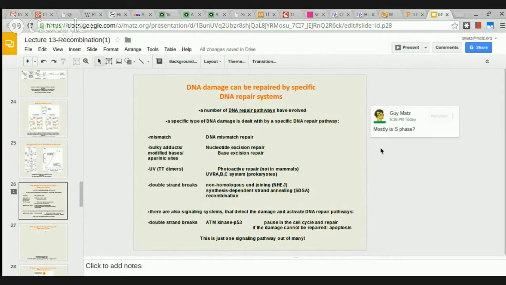So we're going to look at one particular type, very important, the p53 system that senses DNA damage, leads to a pause in G1, allows for repair to occur, and if the DNA damage is too extensive and cannot be fully repaired, induces apoptosis, programmed cell death, in these cells. So it's a very important tumor suppressive system that is induced by DNA damage. And this is just one signaling pathway out of many.